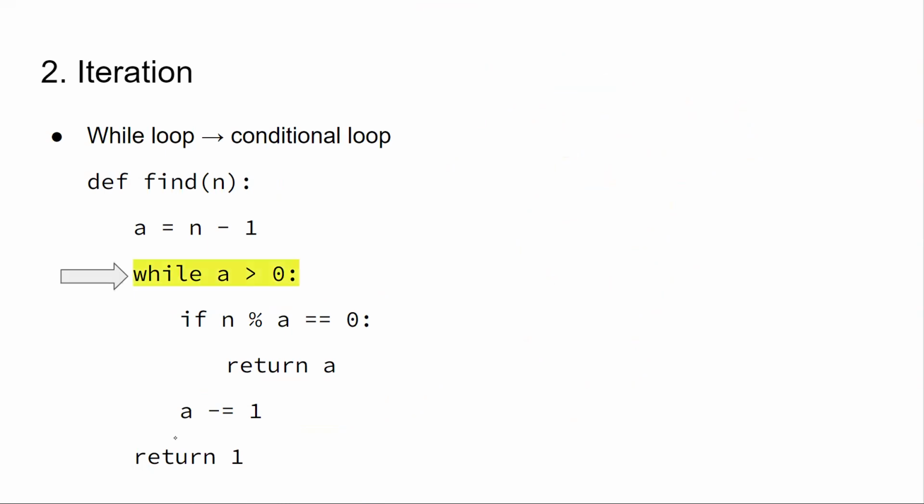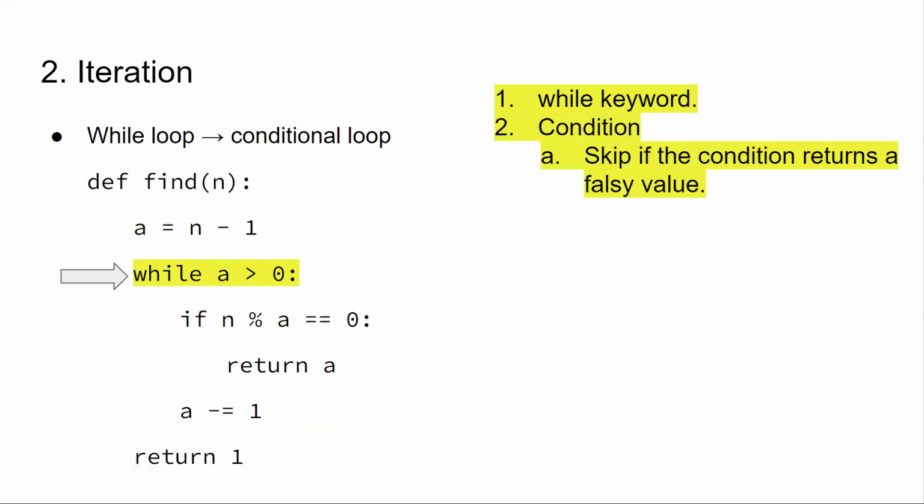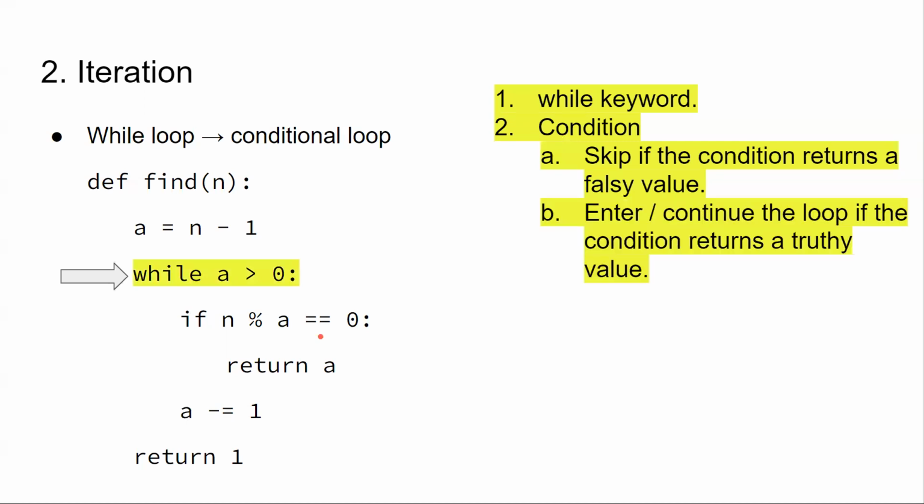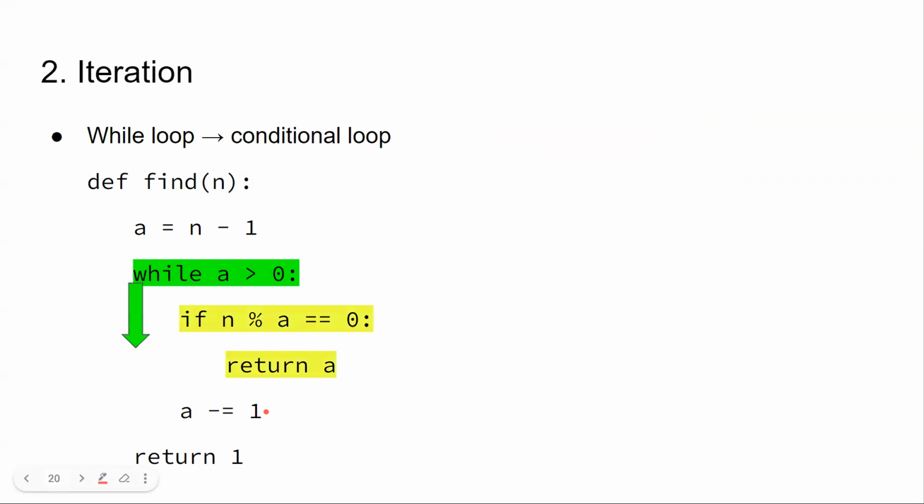So when you hit the while, you have the while keyword and the condition, and you just skip it if it returns a false value, same as the if statement. If not, you will run into the function body. And then when you start running the code, you go through all the body of the loop.